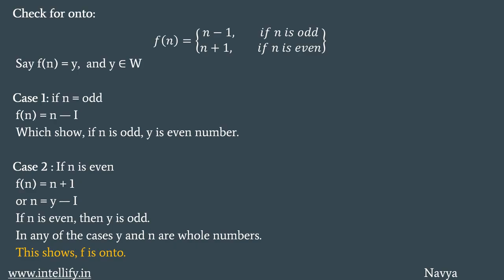So f(n) = n - 1, which shows if n is odd, y is an even number. And case 2 will be if n is even. So f(n) = n + 1 or n = y - 1. If n is even, then y is odd. So in any of the cases, y and n are whole numbers. So this shows f is onto.